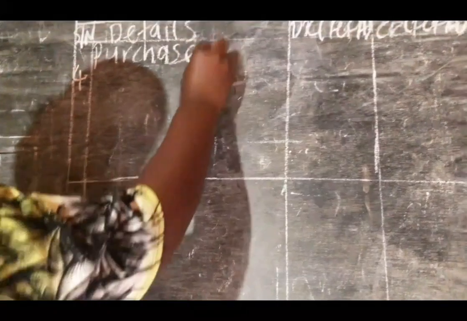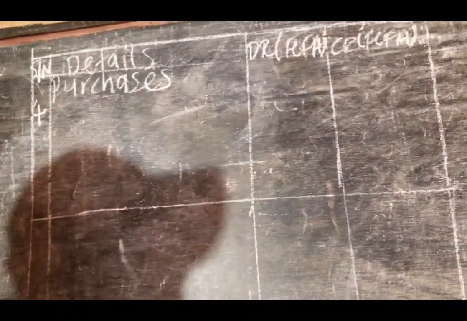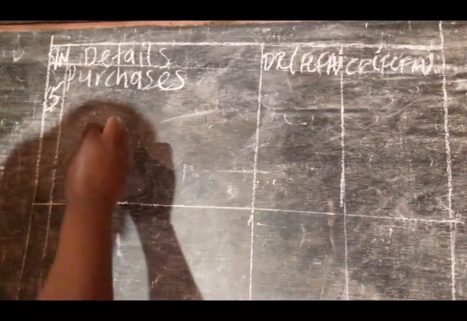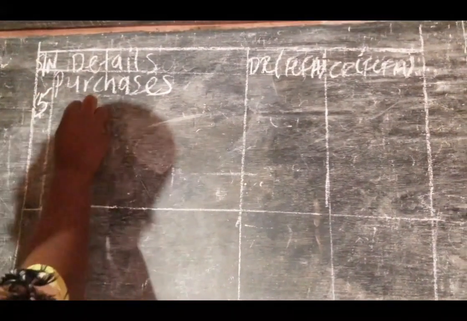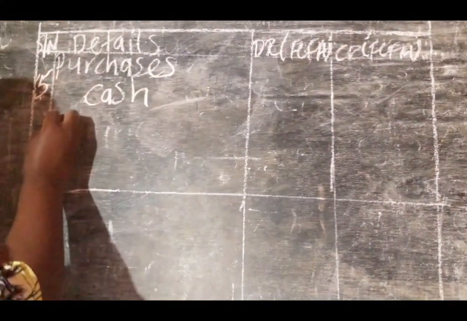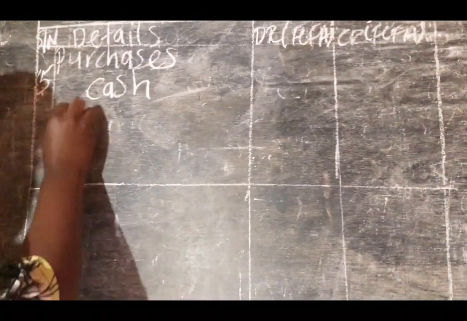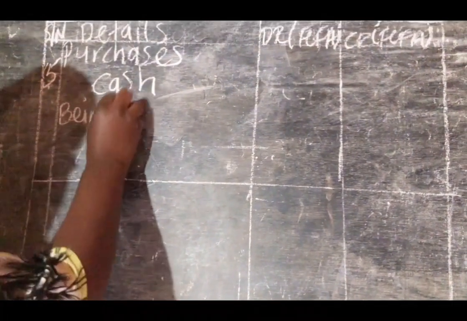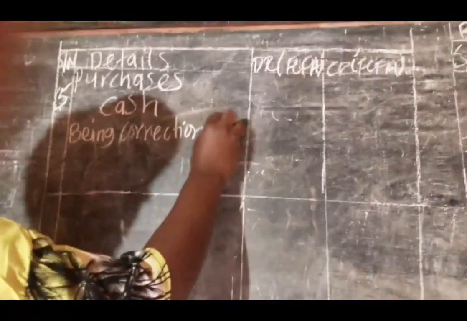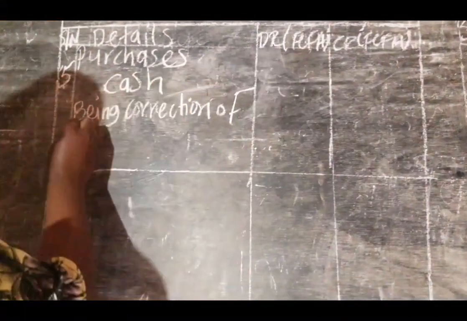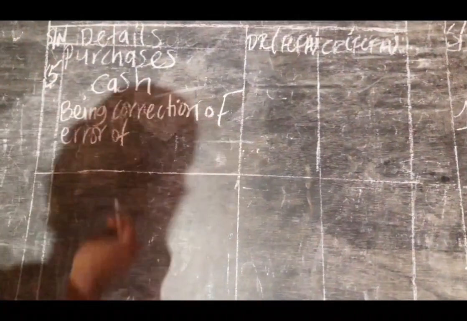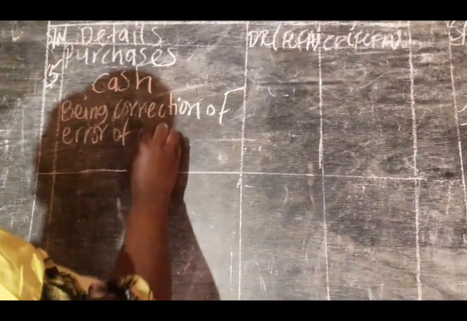I'm going to write just purchases, and with cash. The narration is being correction of error of omission.